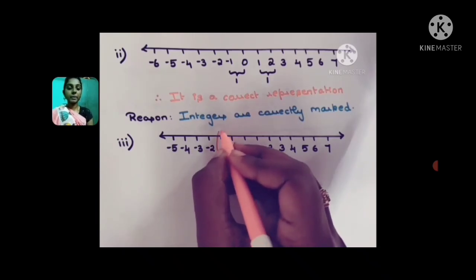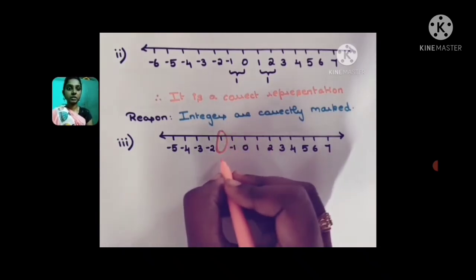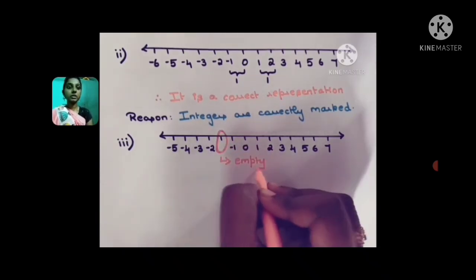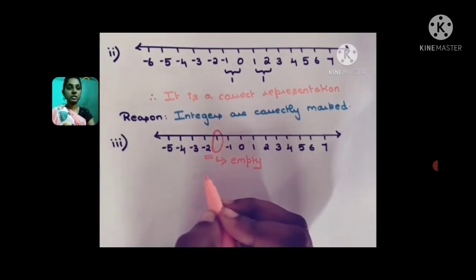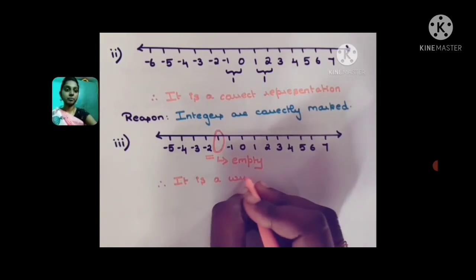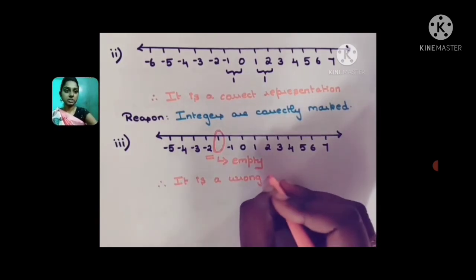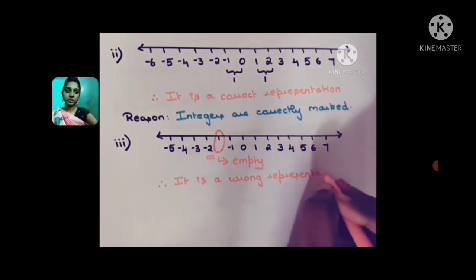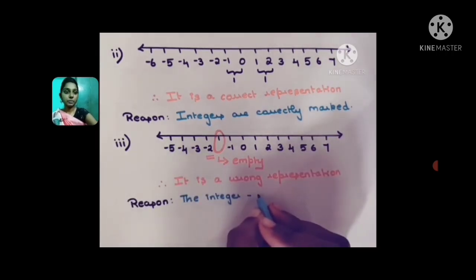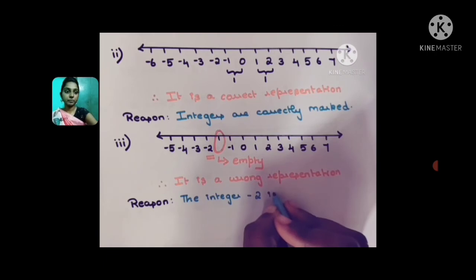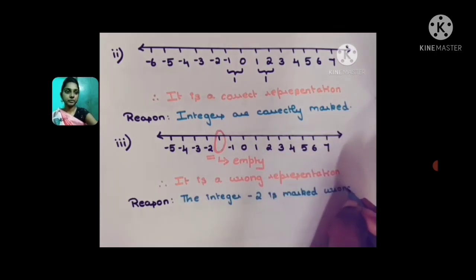We have an empty space between minus 2 and minus 1. That is, minus 2 is wrongly placed. Therefore, it is a wrong representation. The empty gap should not be there in a number line. The integer minus 2 is placed wrongly. Hence, it is a wrong representation.